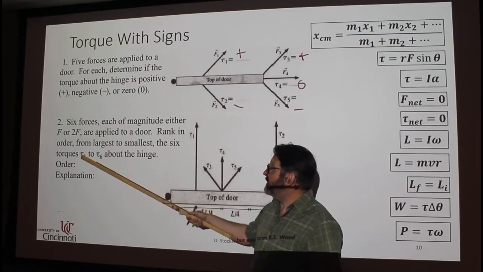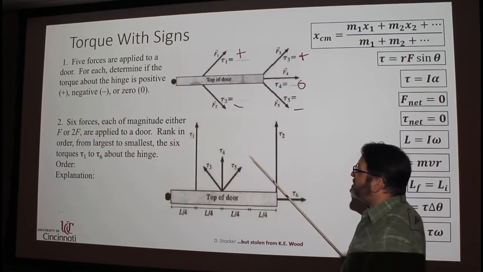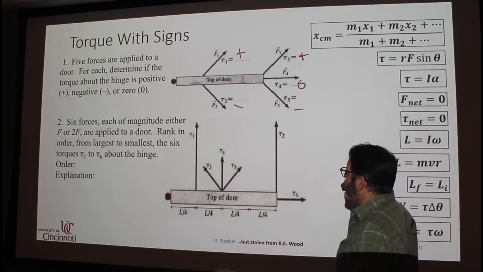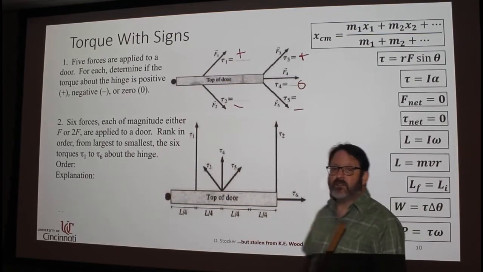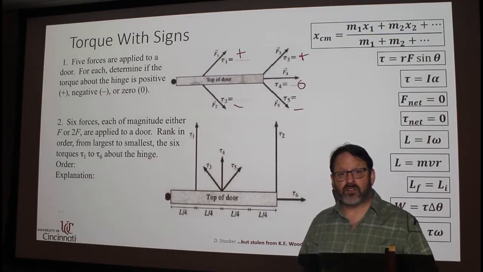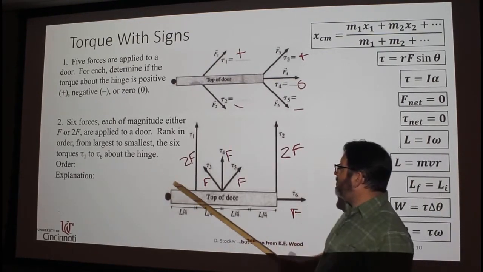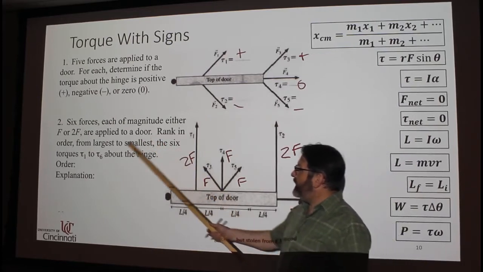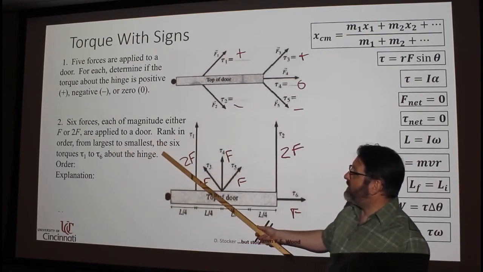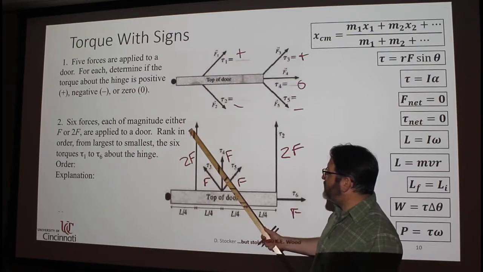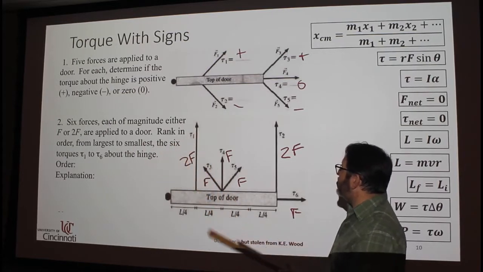Now for magnitude. 6 forces, each of magnitude either F or 2F. So we'll have to figure out that the long ones are 2F and the short ones are F. There we go. So with F and 2F, rank the 6 torques, 1 to 6, about the hinge, from largest to smallest.